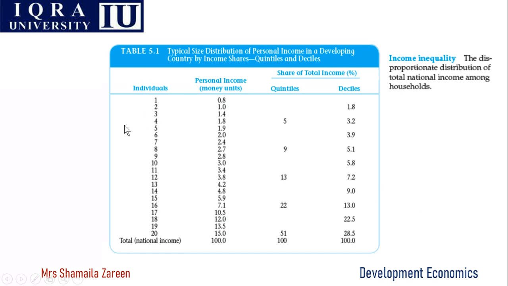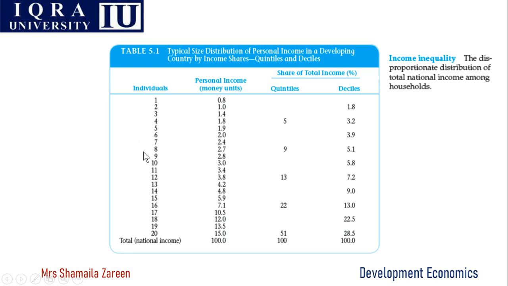A common method is to divide the population into successive quintiles or deciles according to ascending income levels, and then determine what proportion of the total income is received by each income group. For example, this table shows a hypothetical but fairly typical distribution of income for developing nations. In this table, 20 individuals represent the entire population of the country.